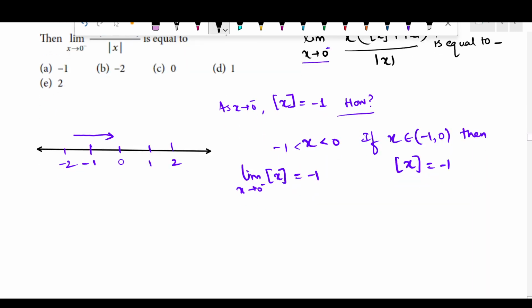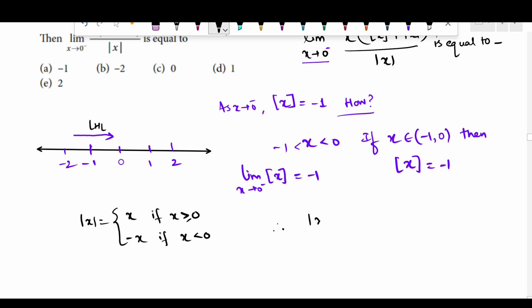Similarly, we have mod x. Now mod x is x if x is greater than or equal to 0, and minus x if x is negative. Here x is negative as x approaches from the left hand side of the limit, right?